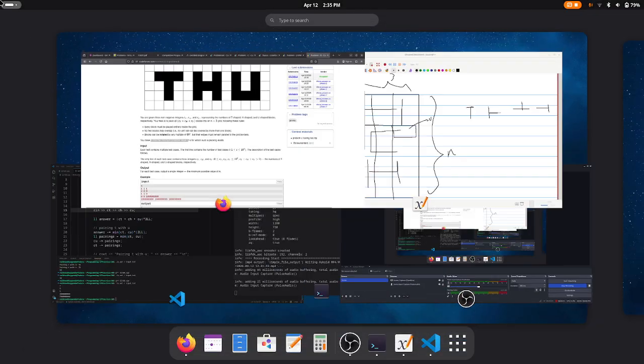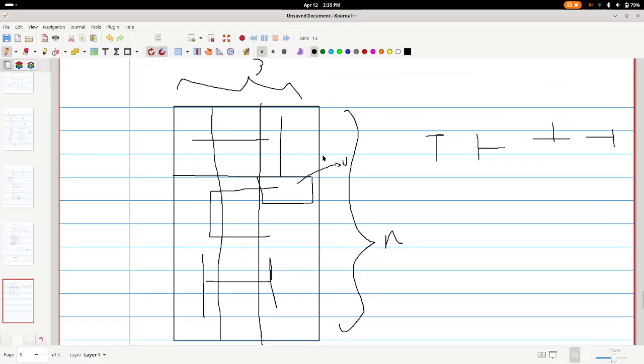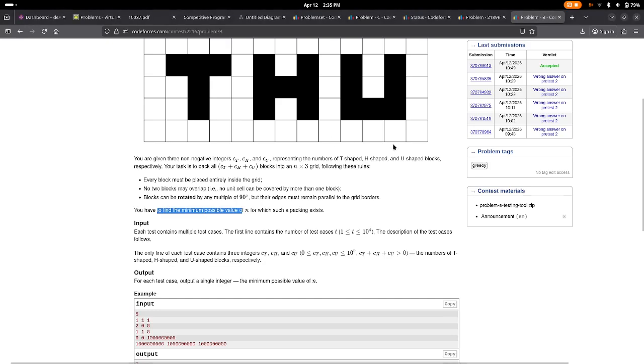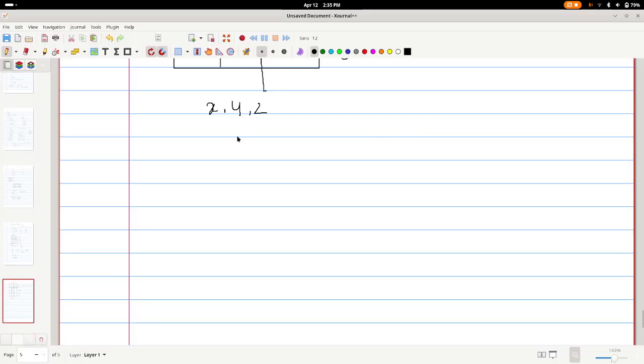Okay, so I would like to ask one simple question. Forget about the minimal value of n. Let's call CT, CH, and CU as X, Y, Z. So let's say there are X, Y, and Z. What's the most naive arrangement you can think of?